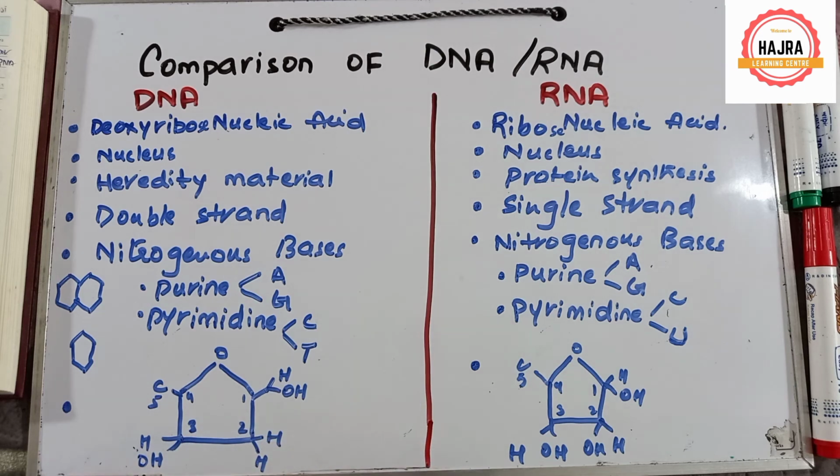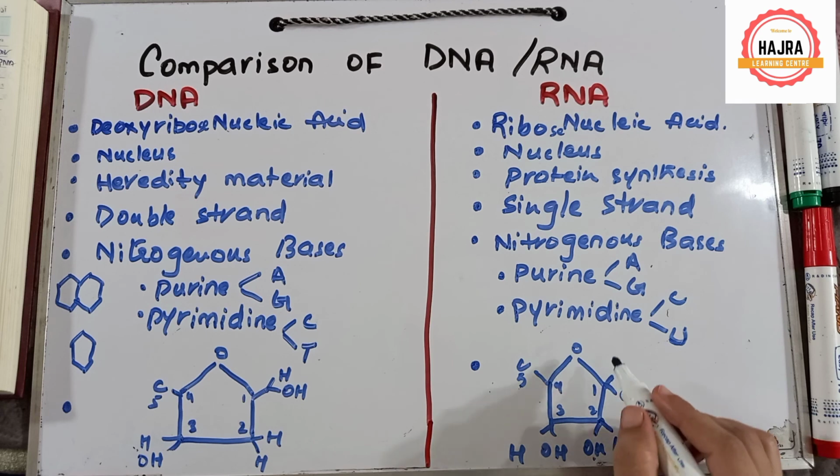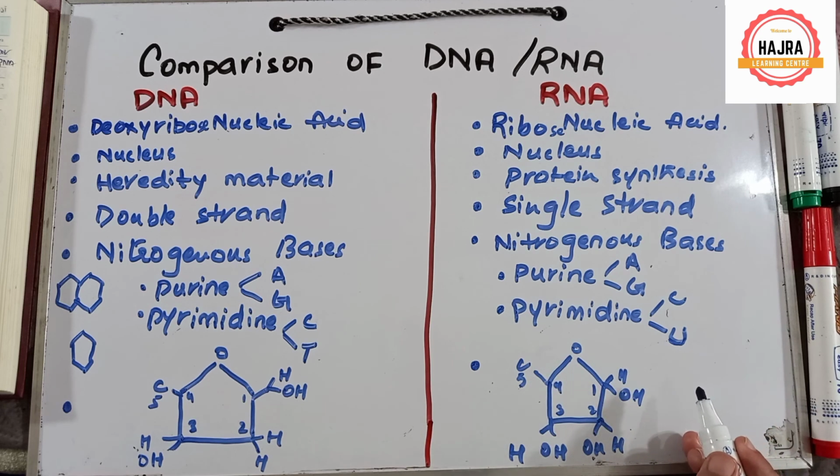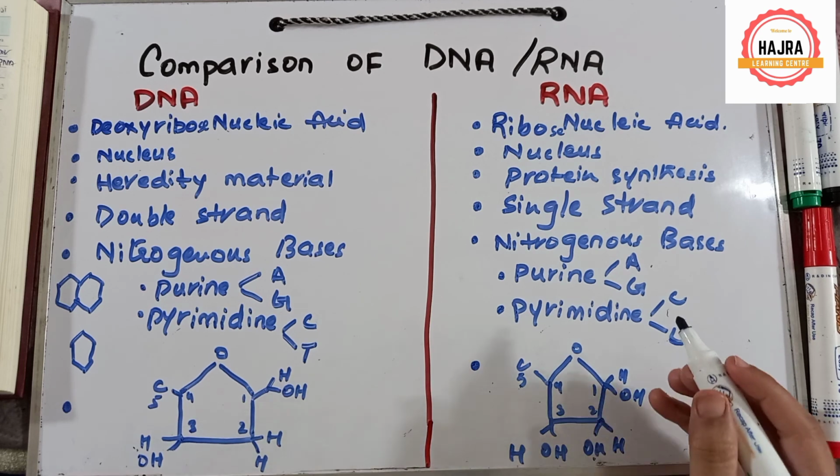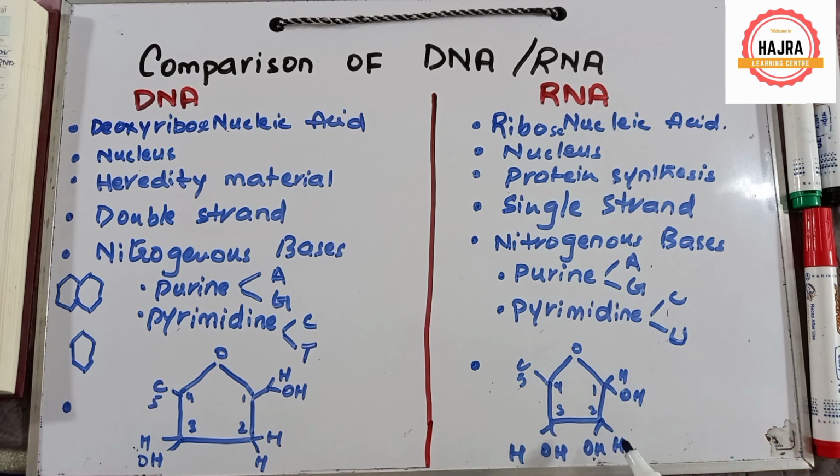But in RNA, I have drawn the same pentose sugar structure, and look at number 2 carbon: both H and OH groups are present, at all 5 carbons. That is why we call it ribonucleic acid, because H and OH groups are attached to all 5 carbons.